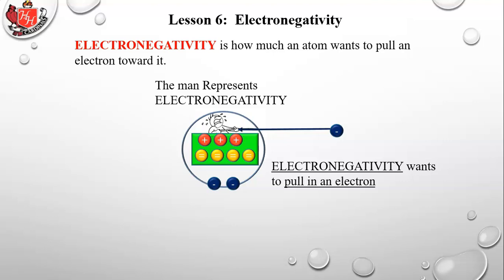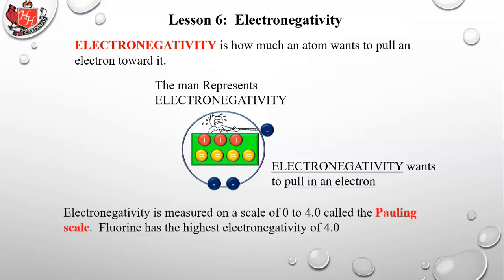So ionization energy has to do with the protons holding on to their own electrons, versus electronegativity, which is how much do those protons want to pull in an electron from the outside. And there it goes. So electronegativity is measured on a scale of 0 to 4 called the Pauling scale. Fluorine has the highest electronegativity of 4.0.